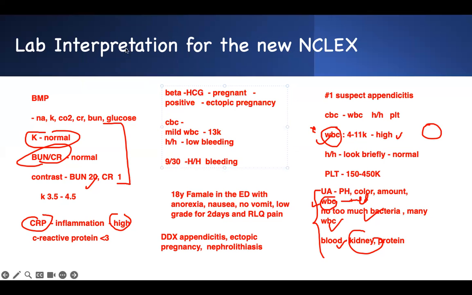When they give me this case and I look at it with leukocytosis and a low hemoglobin, I rule out appendicitis. I say, no, this cannot be appendicitis. This female is pregnant. And the UA, they may have some blood in it because they're bleeding, if they have bleeding through the uterus, if they have spotting. I'm looking for the UA to have some blood in it.